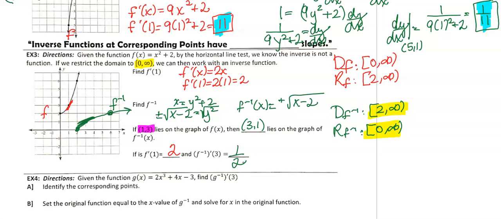And that's the idea you need to come away with. The relationship is they are reciprocals. And next time we're going to look at inverse trig functions and investigate more on this process.